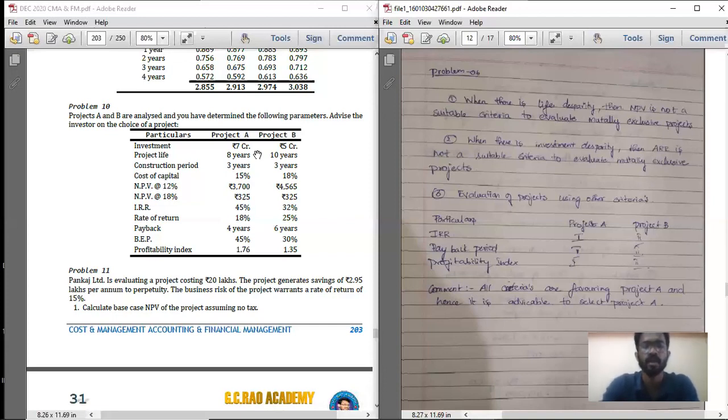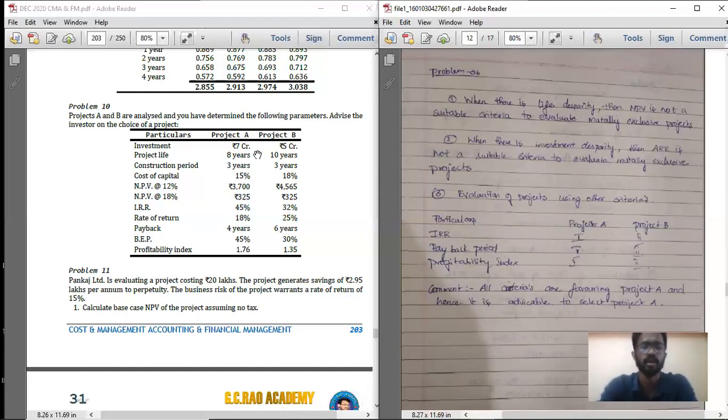So when comparing two different investments which have different amounts of investment, you cannot compare them using ARR, which means accounting rate of return. Accounting rate of return is nothing but the return expected as profit from the amount invested. What is the formula for accounting rate of return? Average profit after tax divided by initial investment, that is net investment, into 100.